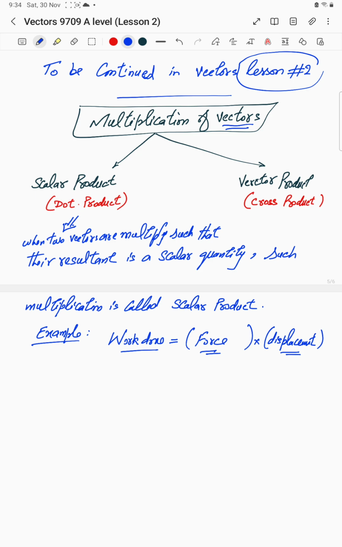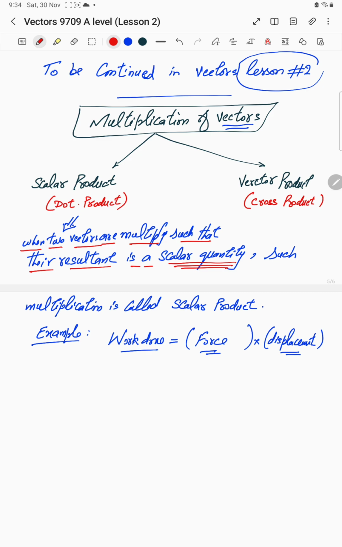Now if you talk about the cross product, keep in mind that you are going to multiply vectors only. So the cross product is when you multiply two vectors such that their resultant, instead of a scalar quantity, is a vector quantity.